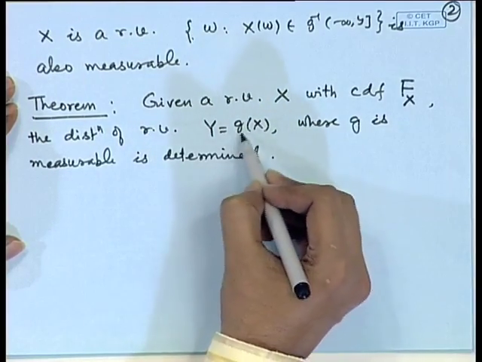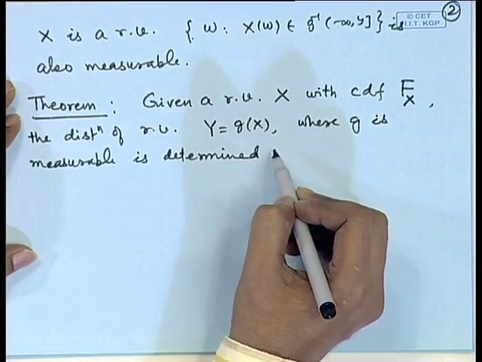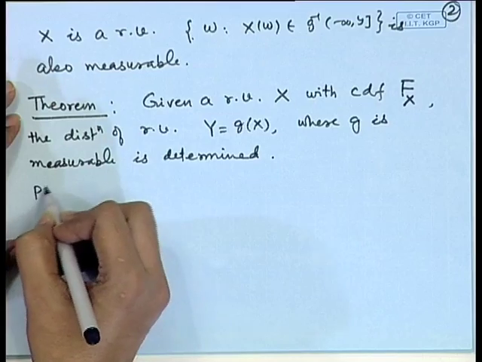So, from now onwards whenever we are considering a function g(X), then g has to be a measurable function.